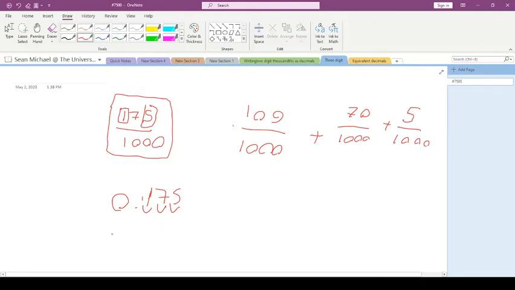Just like hundredths took up 2 spaces and tenths took up 1 space, thousandths take up 3 spaces. The reason for going through it like this is just to show you how it works out with the notation of this being a tenth, this being a hundredth, and this being a thousandth.